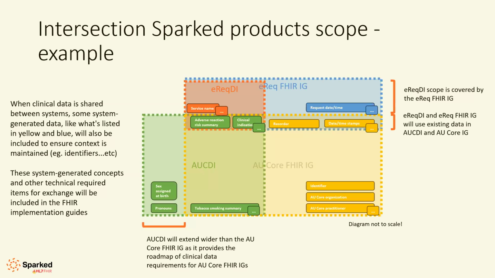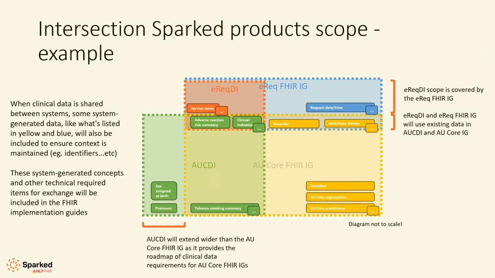So as the clinical design group, we really are focusing on the clinical data between the systems, and that's what we would see as the scope of the DIs, and we would leave the system generated concepts and technical items that are required for the FHIR IG.